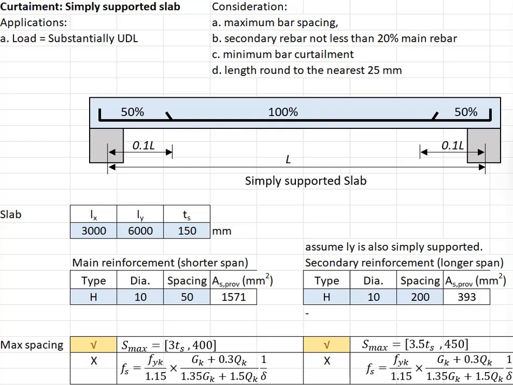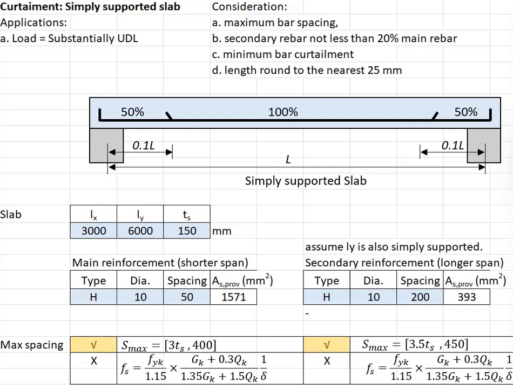Let's say now you've done the calculations and the amount of reinforcement bar required in the shorter span is H10-50, whereas the secondary reinforcement bar will be H10-200. 50 is in fact quite closely spaced for a typical slab.